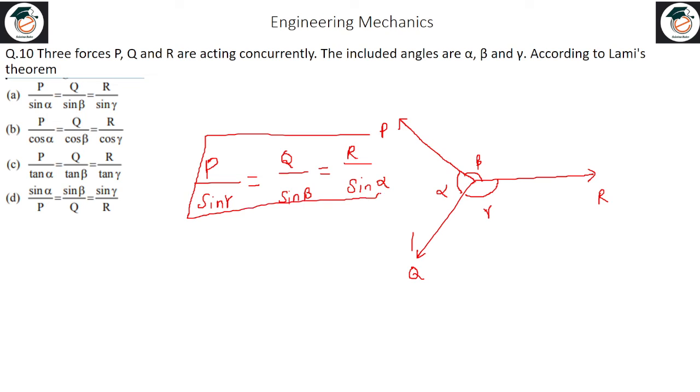This is correct if we take the angles randomly, but according to the question, the included angle alpha is between Q and R. So the correct answer is P by sine alpha equals Q by sine beta equals R divided by sine gamma.